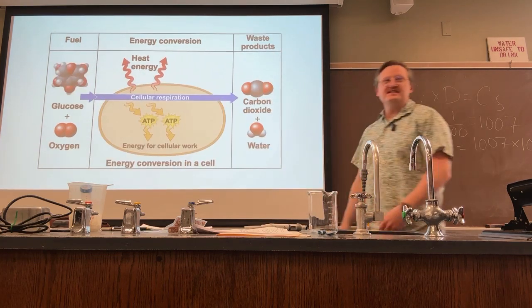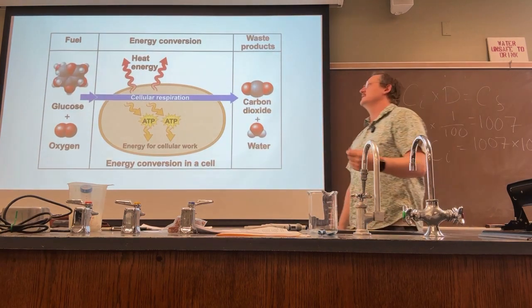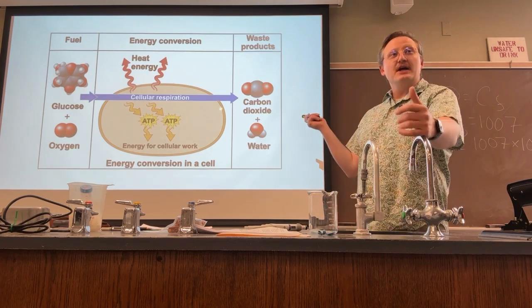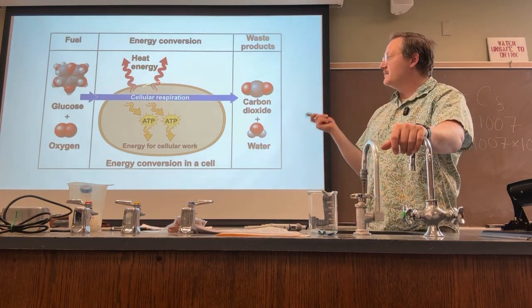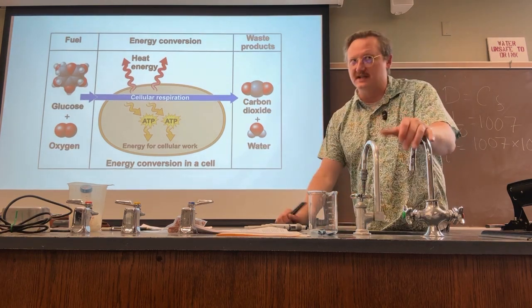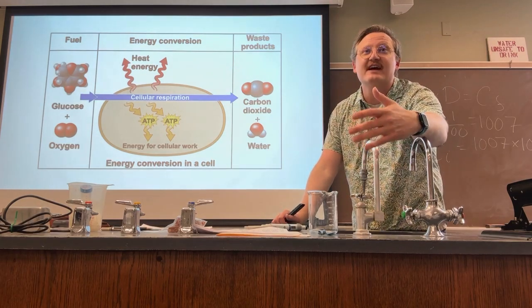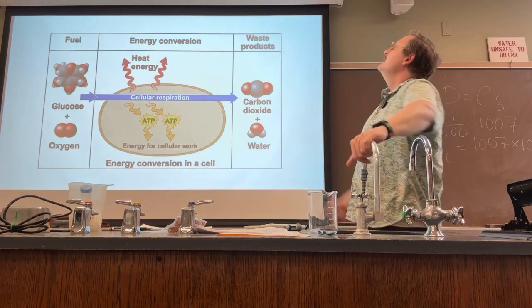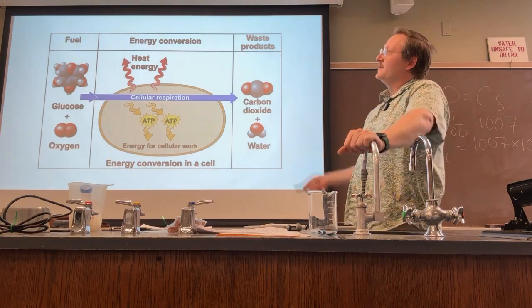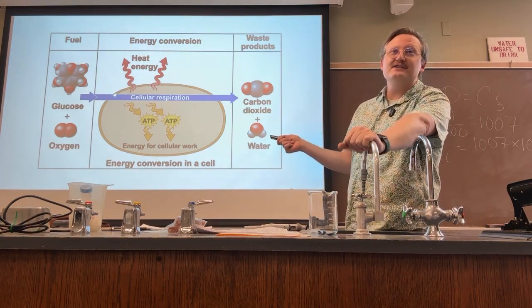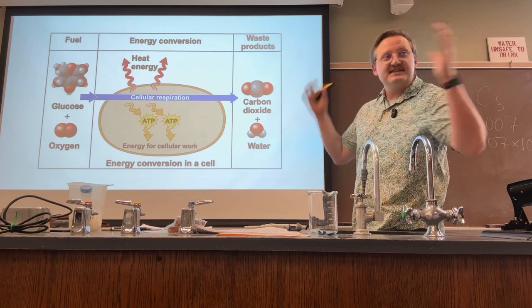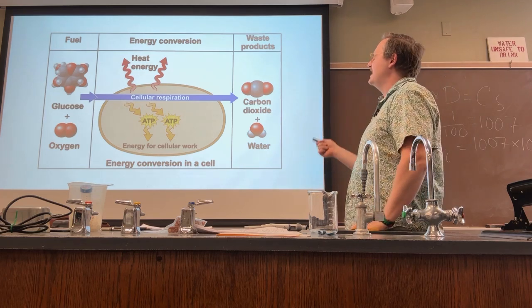So this is a pretty straightforward analogy for cellular respiration. In the mitochondria, as long as we're talking about eukaryotic organisms, right? Because prokaryotic organisms don't have mitochondria. In the mitochondria, glucose, a high-energy organic molecule, a complex large molecule, is broken down.